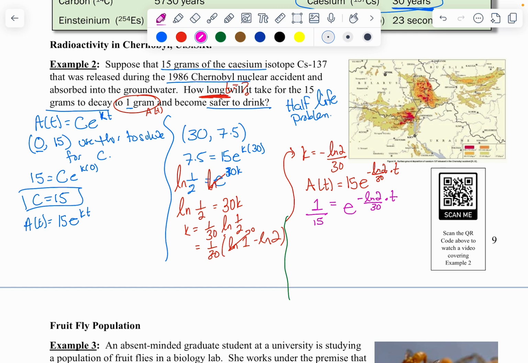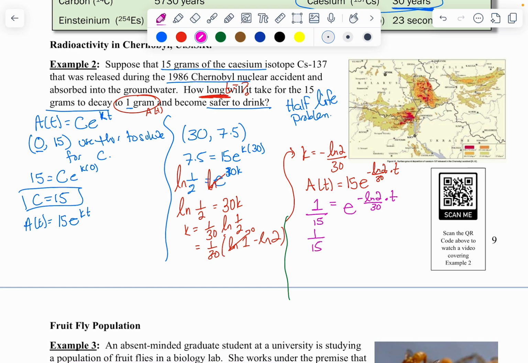Well, using the logs, wow, okay, this is not really that easy to recognize right here.